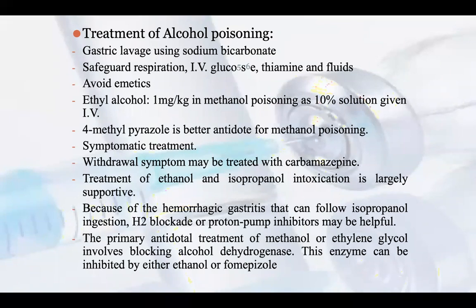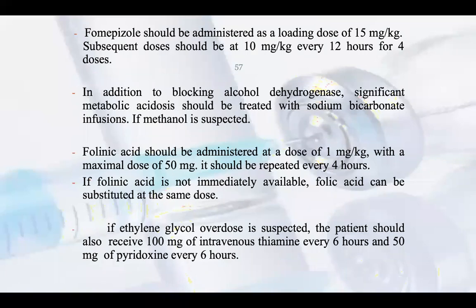This enzyme can be inhibited by either ethanol or fomepizole. Now, fomepizole should be administered as a loading dose of 15 milligram per kg. Subsequent doses should be 10 milligram per kg every 12 hours for 4 doses.